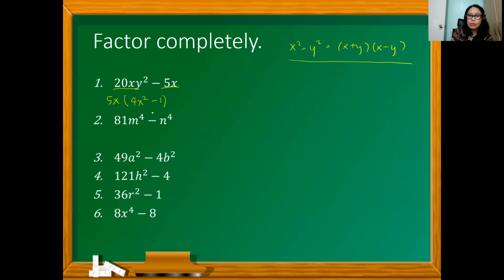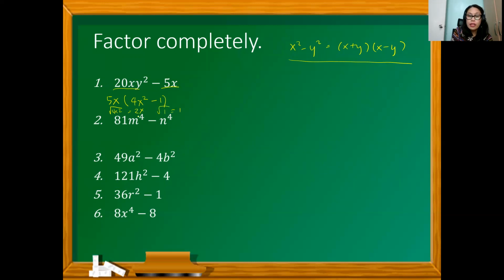Now, take note that the second factor is still factorable, and this is actually the difference of two squares. Both terms here now are perfect squares, and the operation is subtraction. So we can work on this pattern. We just have to work on the square root of 4x squared, which is 2x, as well as the square root of 1, which is 1.